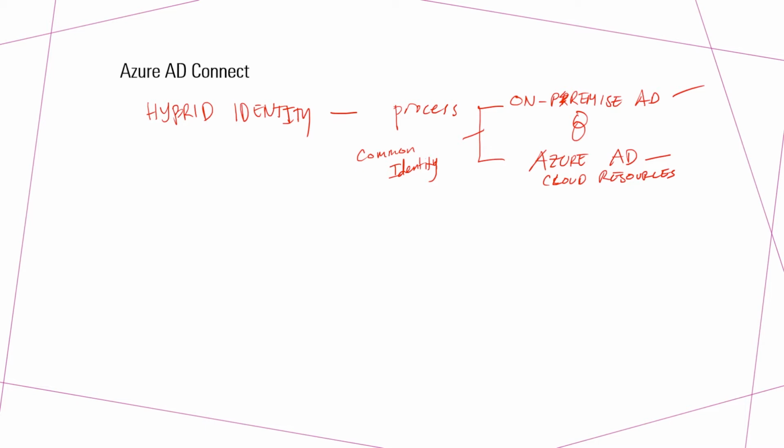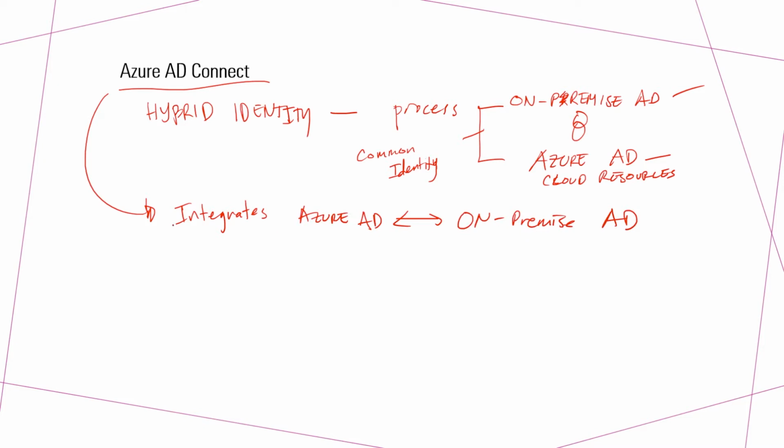Alright, so to make this possible, we have to deploy Azure AD Connect. Let's define Azure AD Connect first. So Azure AD Connect integrates on-premise AD to Azure Active Directory. So the keyword there is integrate. Yes, so you may get a question, what integrates Azure AD and on-premise AD to provide common identity?